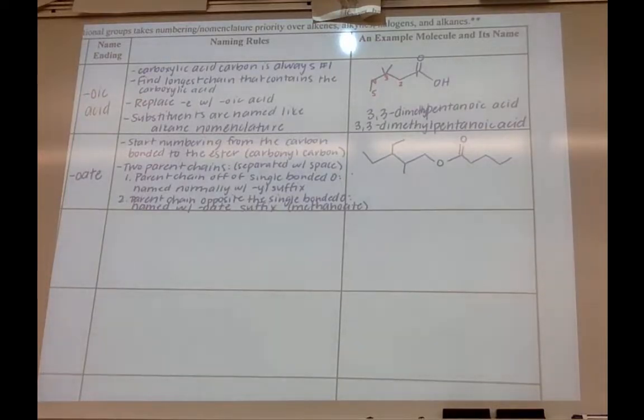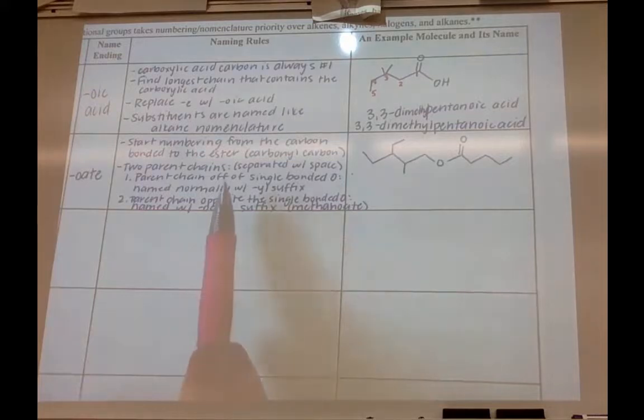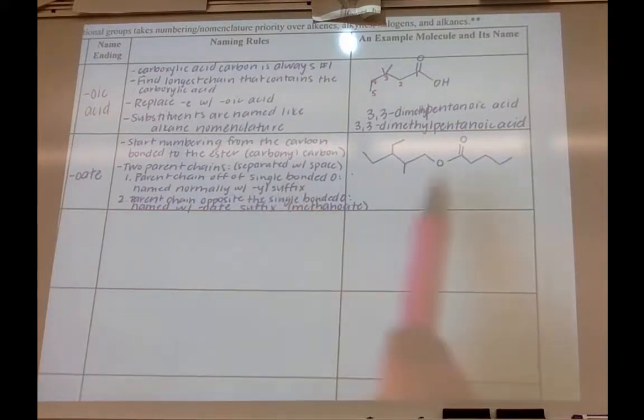So it looks like this. Now this is where I'm going to number with two different colors because we have two different parent chains. So the parent chain off of the single bonded oxygen, that is over here. Just name it like normal.